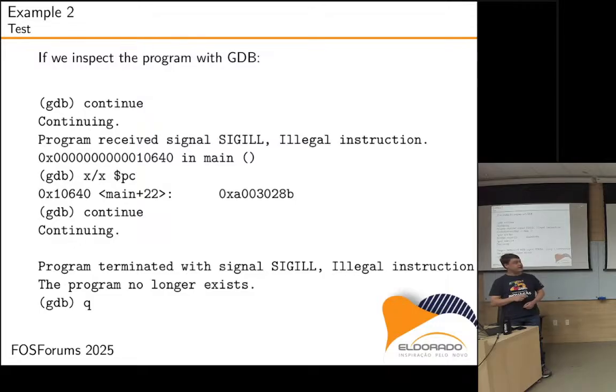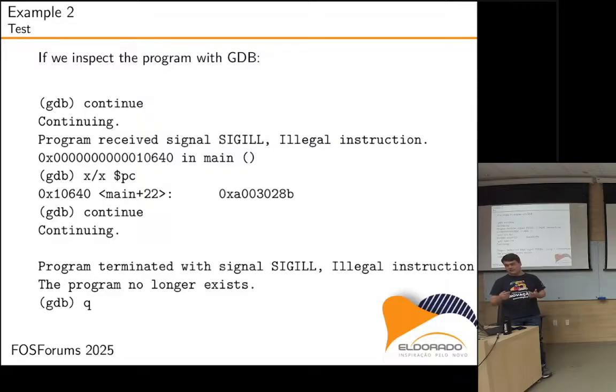If you use the examine command to check the PC, PC is the program counter, so you are looking at the memory at the address pointed to by PC. It will be this address and it will be this content. Here we have the A and the B, and there's a 6 something here, but it was 0 before in the mask, and now it's a 3, a 2, and an 8.